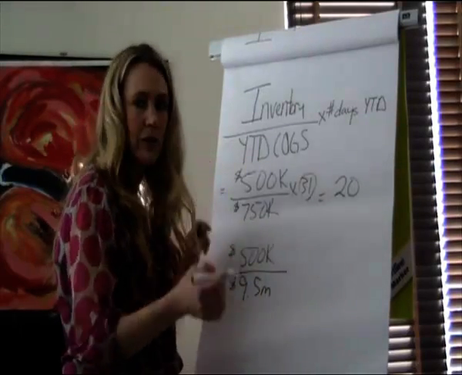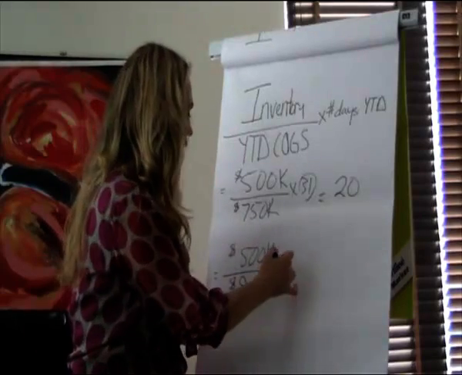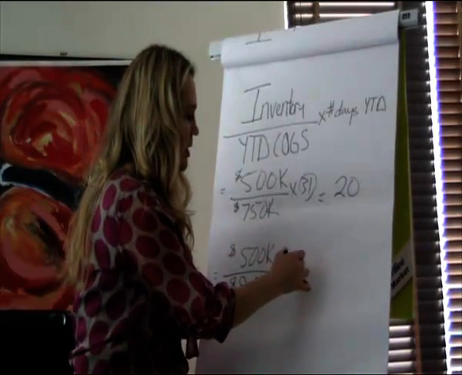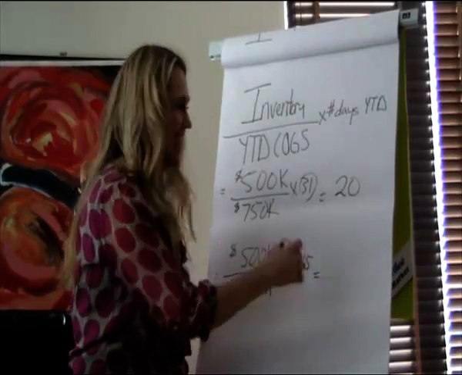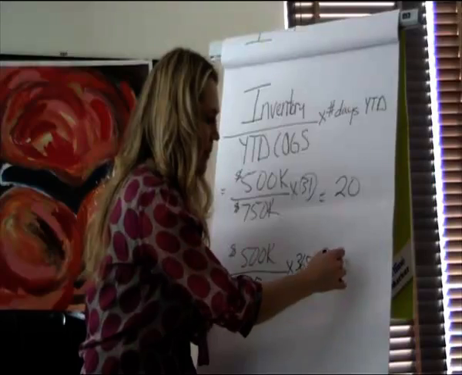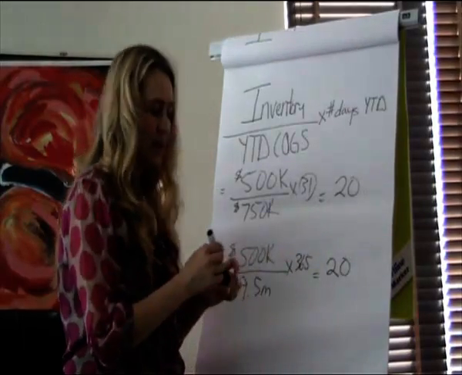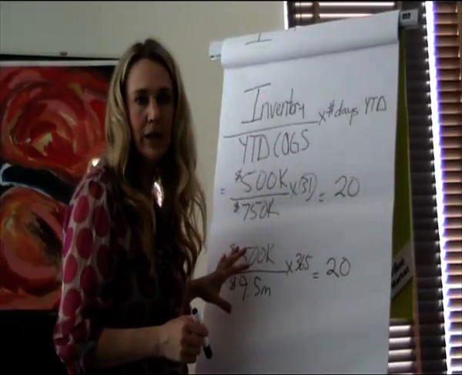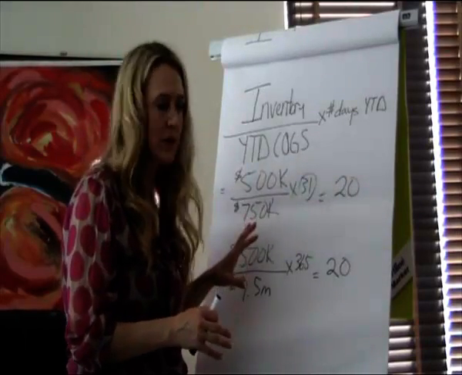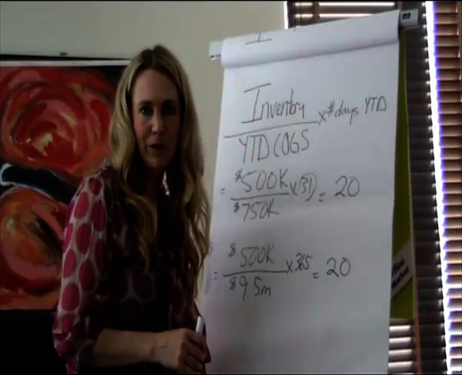So 750 times 12 months of the year. And we're going to multiply times 365 because you've been trading for the whole year. And lo and behold, magic, we're going to get the number of 20 again. This is just a coincidence that it's coming out at 20 both times, but I just want to do the math with you quickly so that you can get an idea of how it works. So now we're left with the number 20.